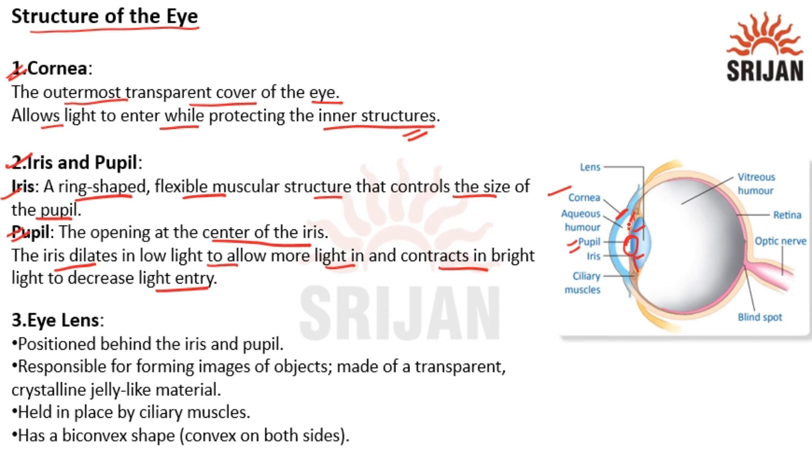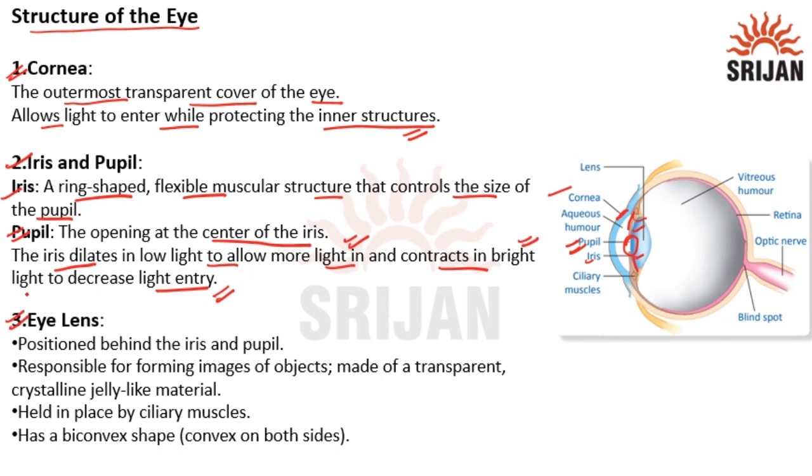So this circular or ring-shaped muscle known as iris dilates in low light, and that's why pupil size increases and allows more light to enter the eyes, while when the iris contracts, it decreases the light entry when there is bright light.